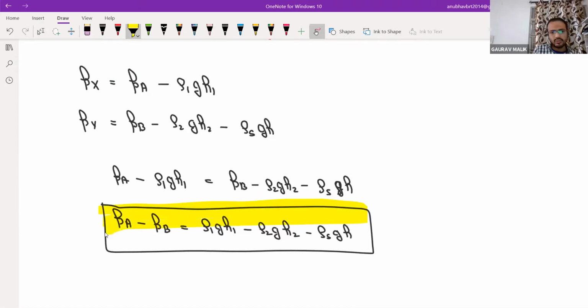Now you can solve any question related to pressure measurement. It is important, because you have already analyzed the level of GATE 2020. They asked this type of question in the exam. Is it clear? I hope now you are confident.